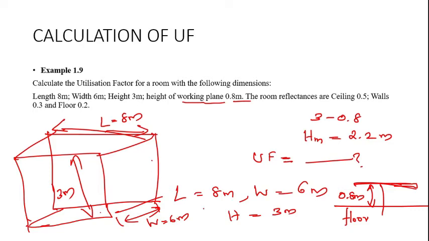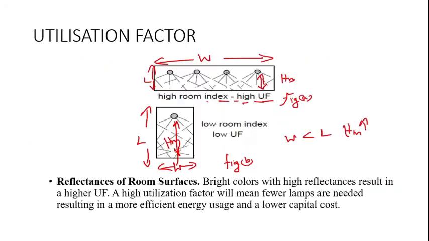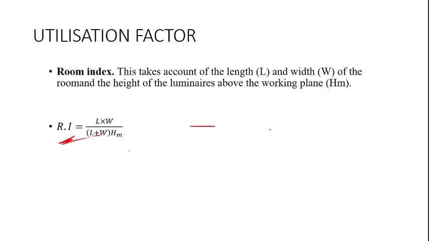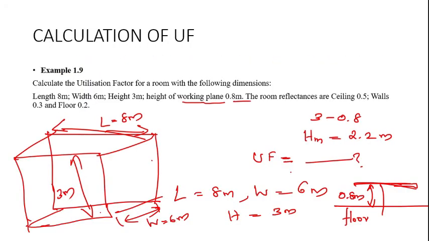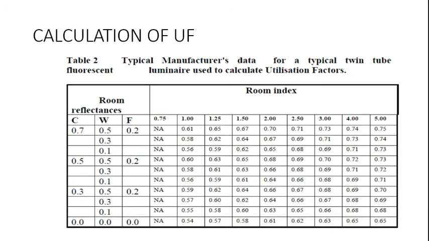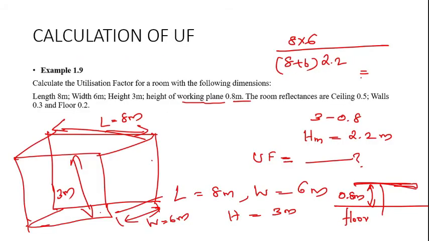Now we have length, width and mounting height, so we can use this formula: room index equals length into width divided by L plus W into mounting height. That is 8 into 6 divided by 8 plus 6 into mounting height 2.2, which will be equal to 1.558.